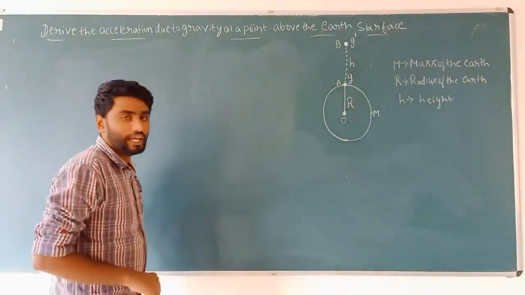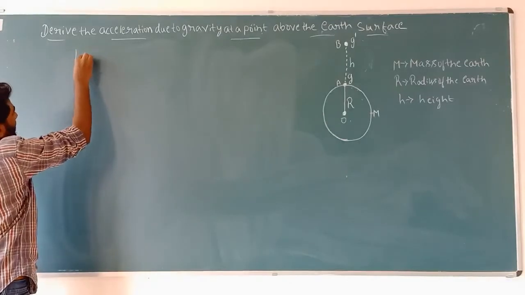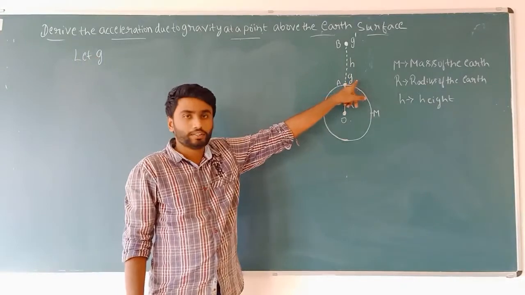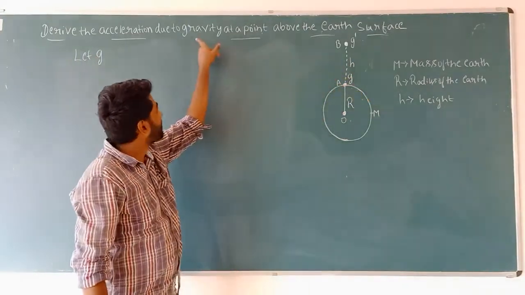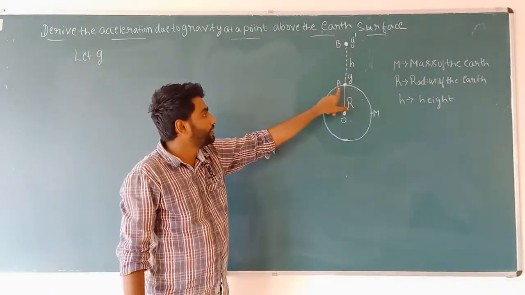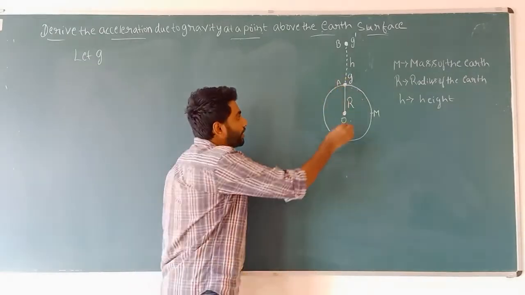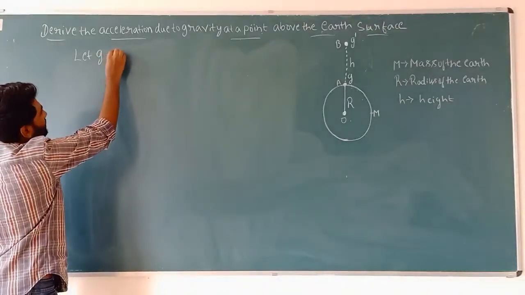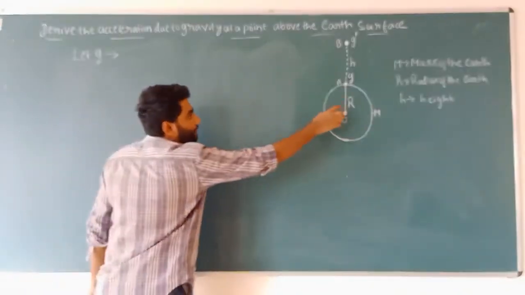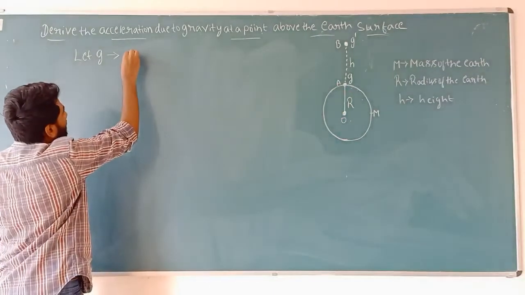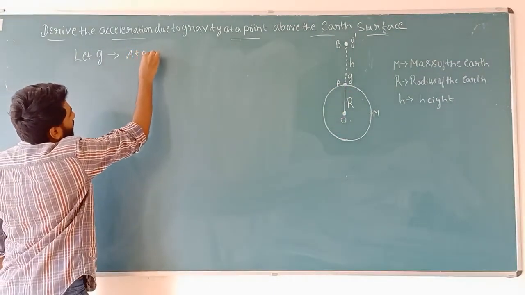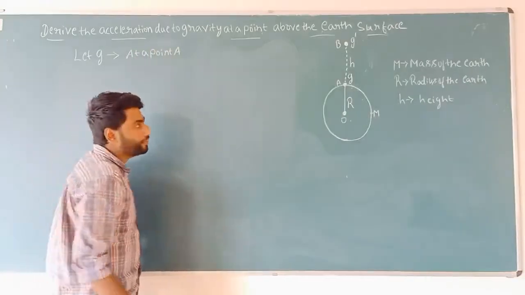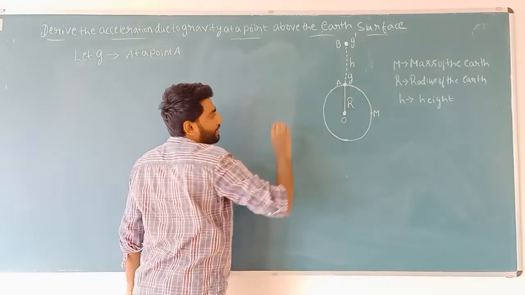So let g be the acceleration due to gravity at point A on the earth surface.